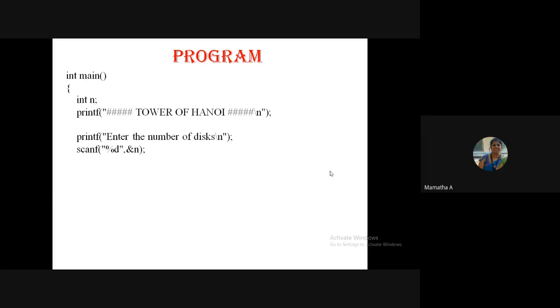Next, I will call one function which performs the job of moving the disks recursively. I have assumed that A is the source as usual, B is the auxiliary, and C is the destination.